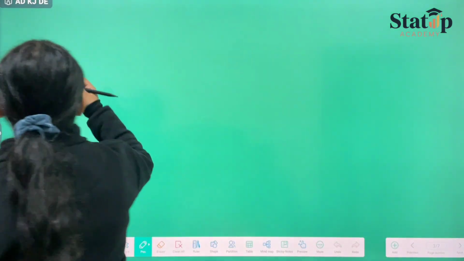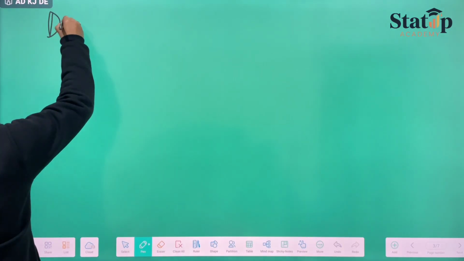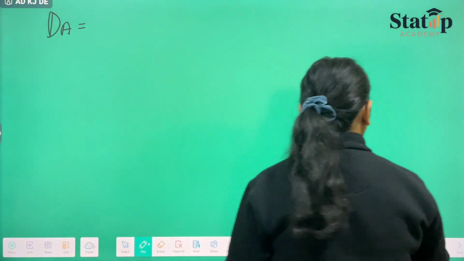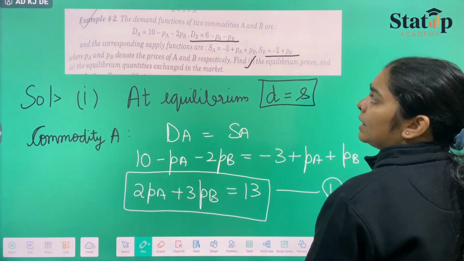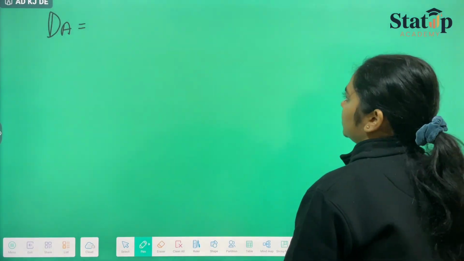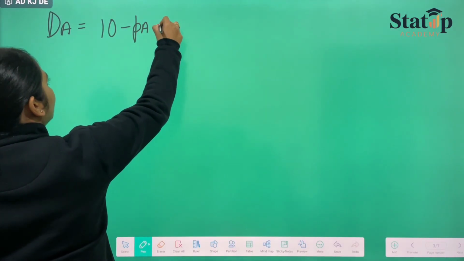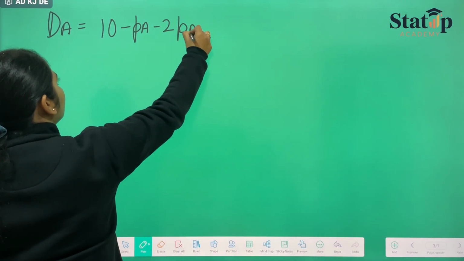So putting it in, demand of A was nothing but 10 minus PA minus 2PB.